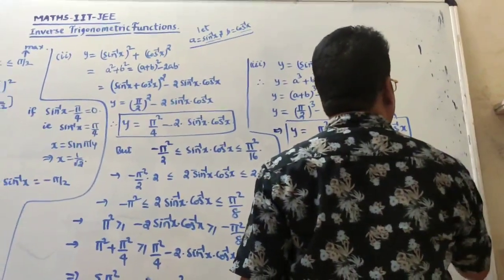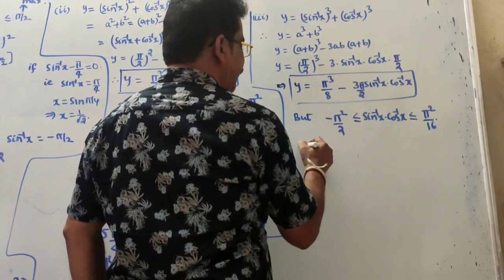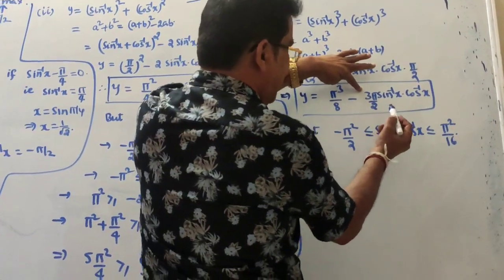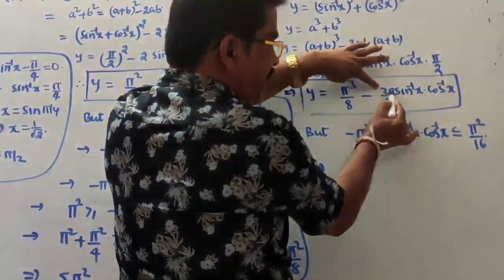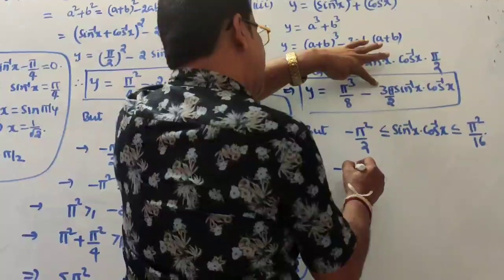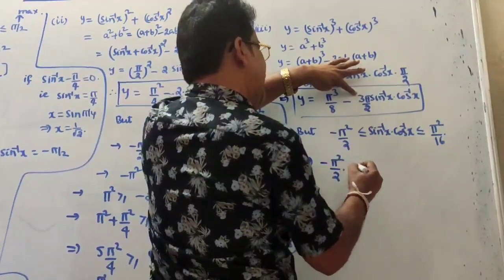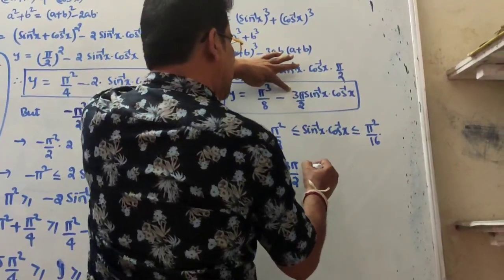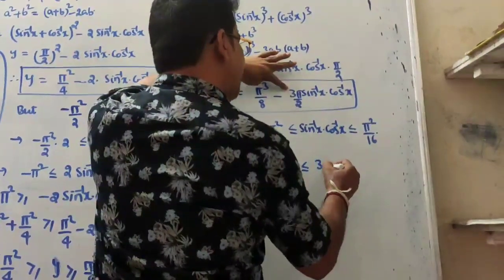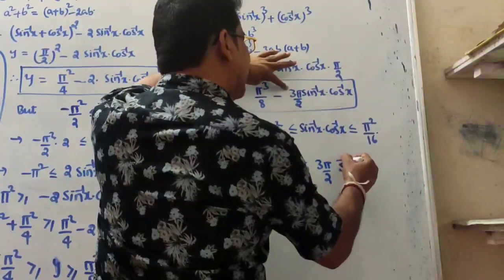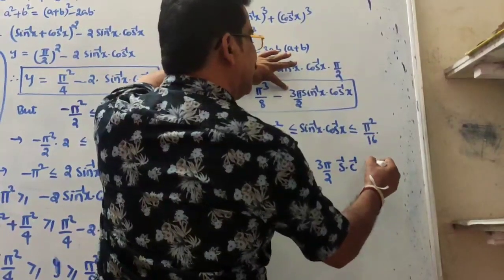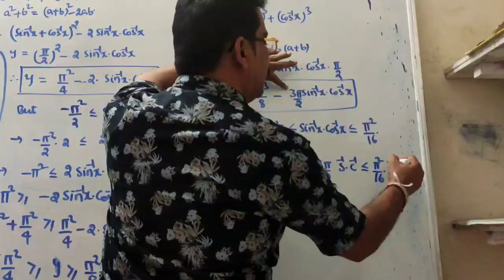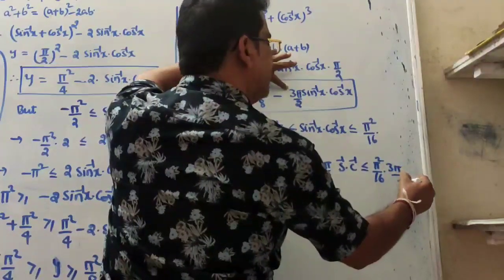So gradually we are going to obtain this function, for which we have to multiply first by 3 pi by 2. Therefore minus pi square by 2 into 3 pi by 2 is less than or equal to 3 pi by 2 into sin inverse x into cos inverse x less than or equal to pi square by 16 into 3 pi by 2.